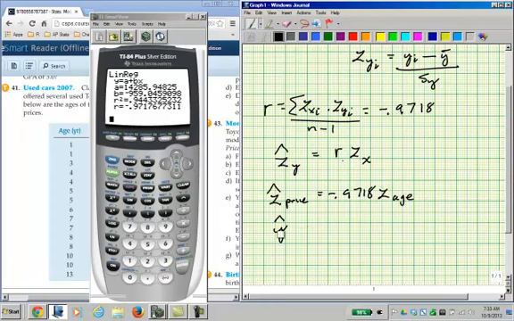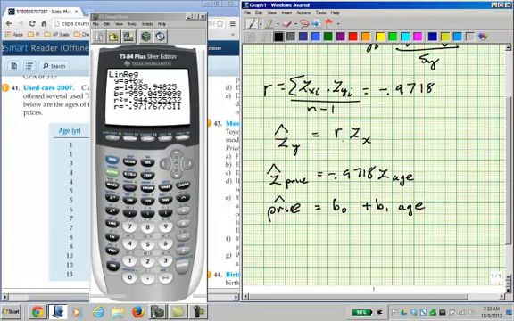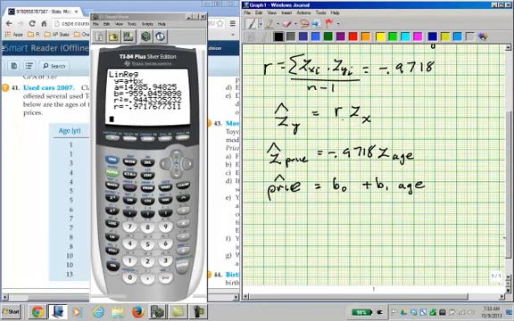We could write it like this: estimated price equals b sub 0, that's the y-intercept, plus b sub 1 times the given age. All right, now, how do we get b sub 0 and b sub 1? First, we find b sub 1. b sub 1 equals the standard deviation of y over the standard deviation of x times r, or the other way around, doesn't matter.